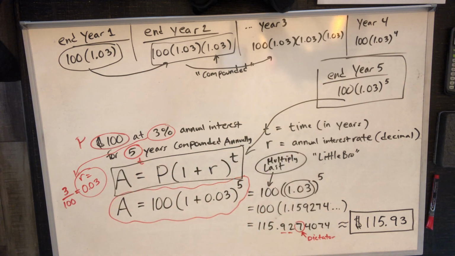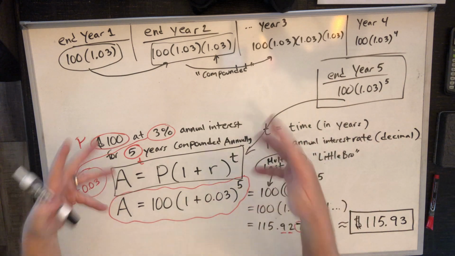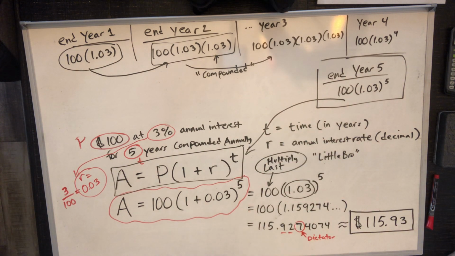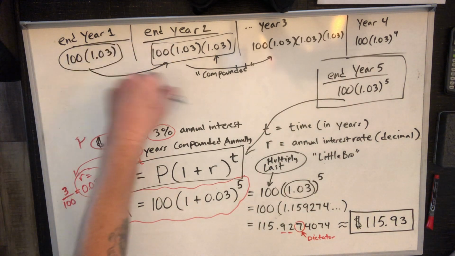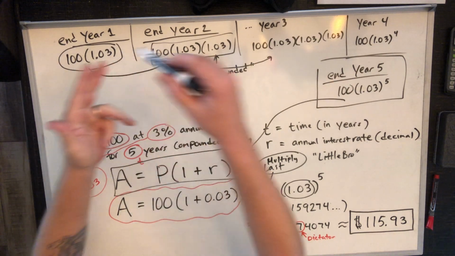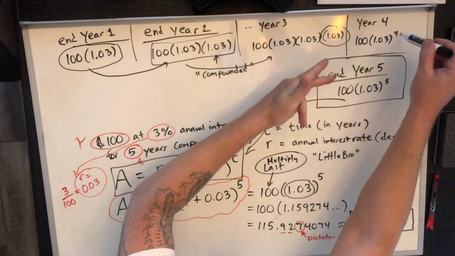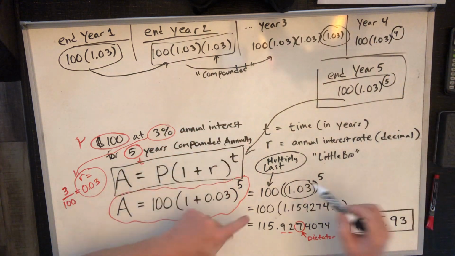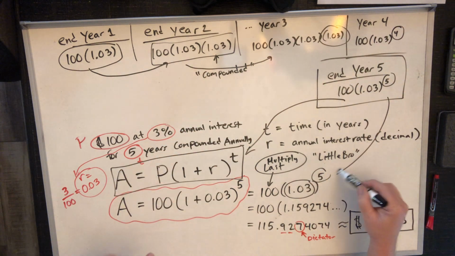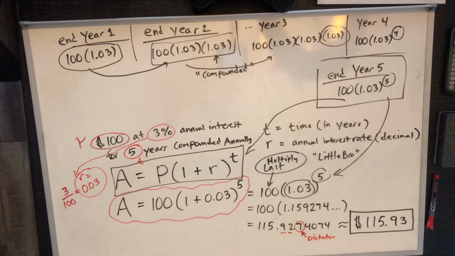So I'm assuming that as we move through this application section, you will just want to sort of memorize the formulas and then apply the principles to each problem that I give you. But I would like to at least give you some understanding of where the formula comes from. So just think of it as a compounding. Each year you're taking the previous year and then multiplying the next year's interest. And so that's the reason why this becomes an exponential equation and not a simple linear equation.